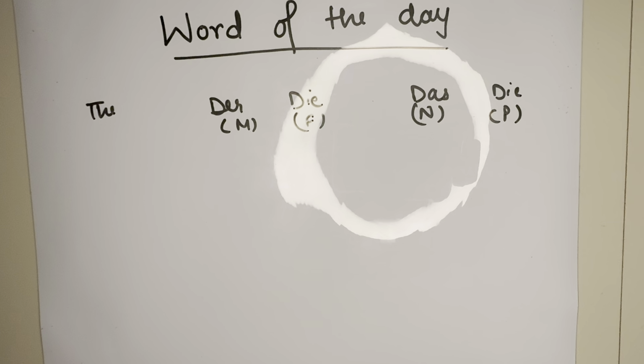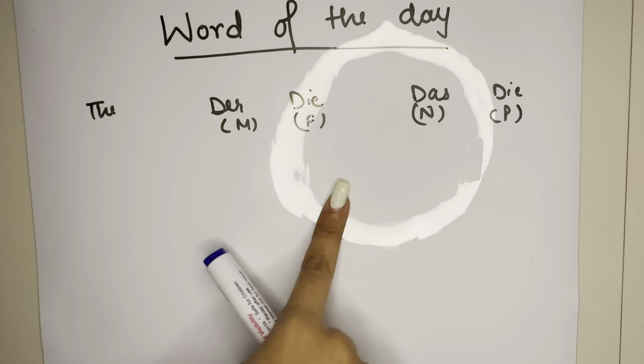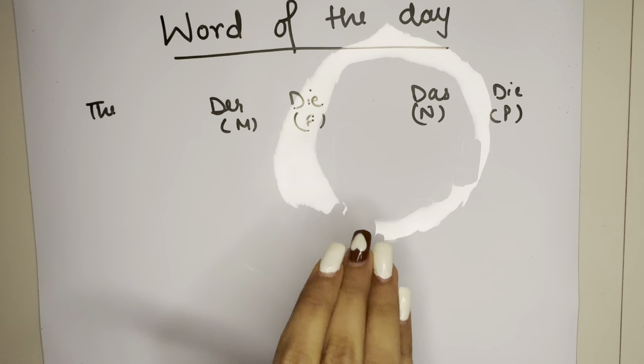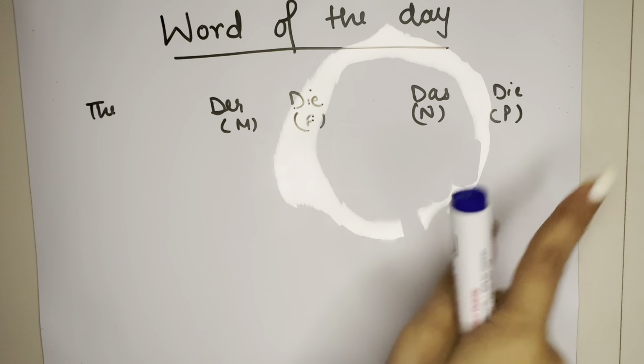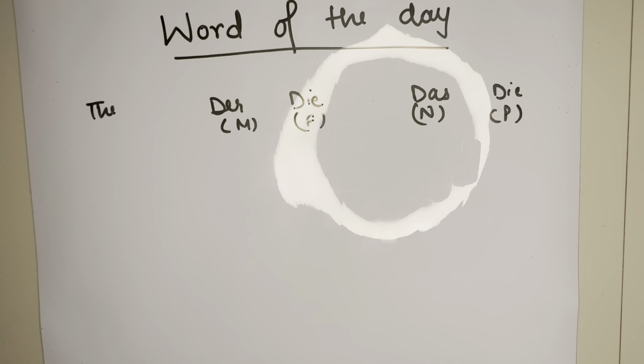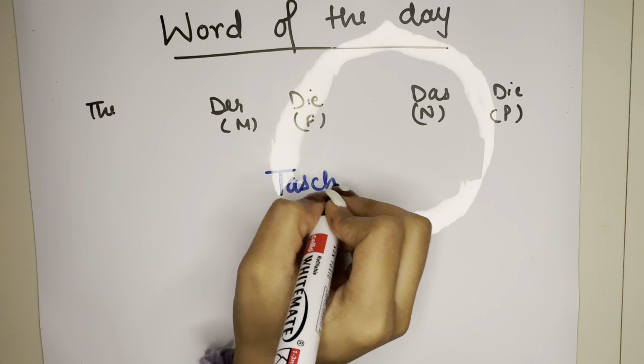So finally, we have come to the end of this video, and as promised, we are going to increase our vocabulary each day. Right now, we are just learning one word each day so as to not put too much pressure on ourselves, but we'll increase our pace gradually. So, the word of the day for today is Tasche.